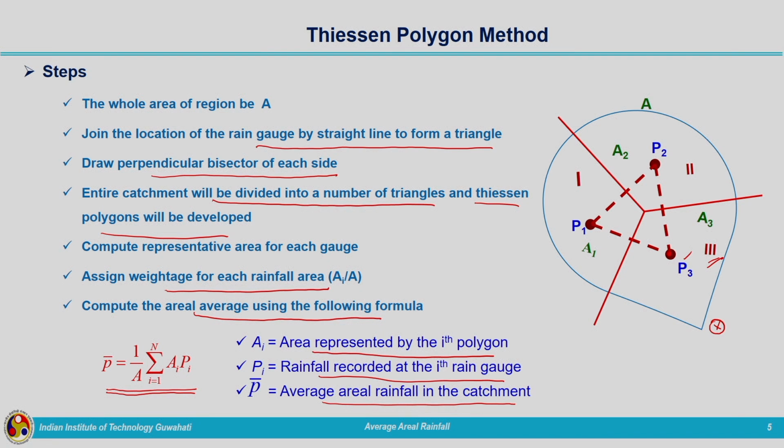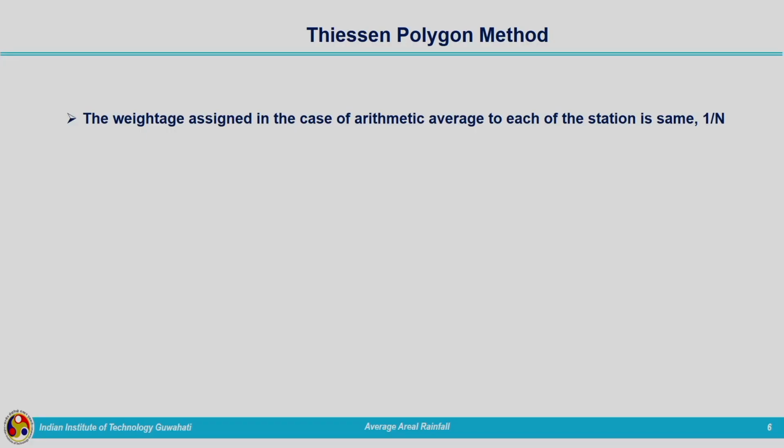Here we are assuming that each Thiessen polygon represents an area having the rainfall obtained from the corresponding rain gauge within that polygon. The weightage assigned to each station in the arithmetic average is the same. That is what we did in the arithmetic average: P1 plus P2 plus up to Pn divided by n, so the weightage was 1 by n.